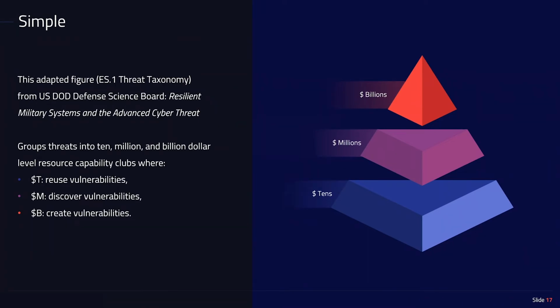The $10 club, who is able to reuse exploits which other people have published. The $1 million club, which is able to discover new exploits and leverage them. And the $1 billion club, which is financed to be able to introduce vulnerabilities into the targets which the $1 billion club wants to attack.